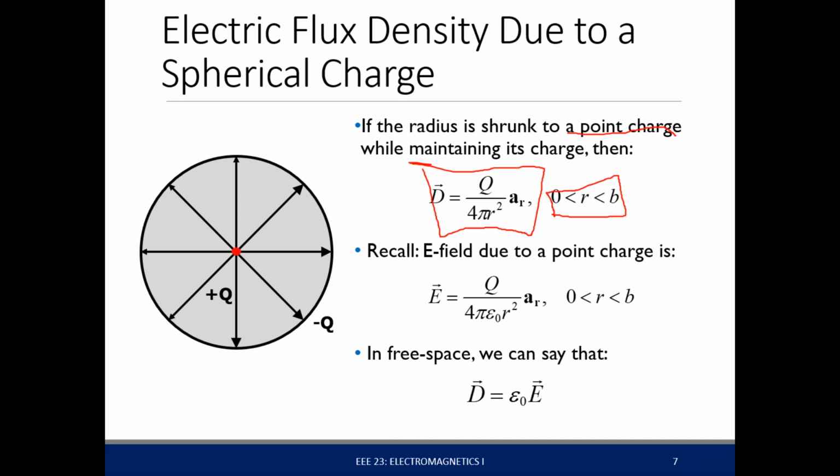Recall that the electric field due to a point charge is equal to this, and so when you want to relate D and E in free space, this equation shows up. All right. So D is equal to epsilon sub 0 times your electric field.